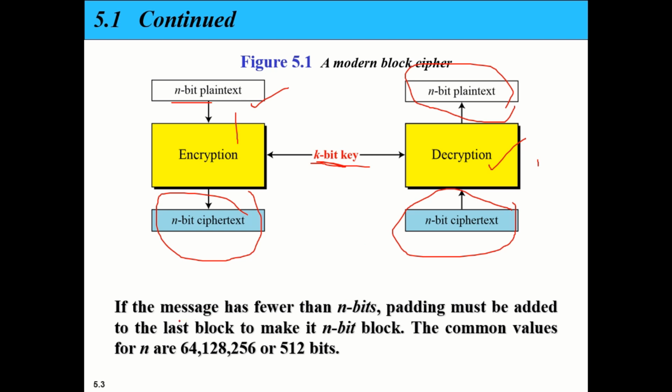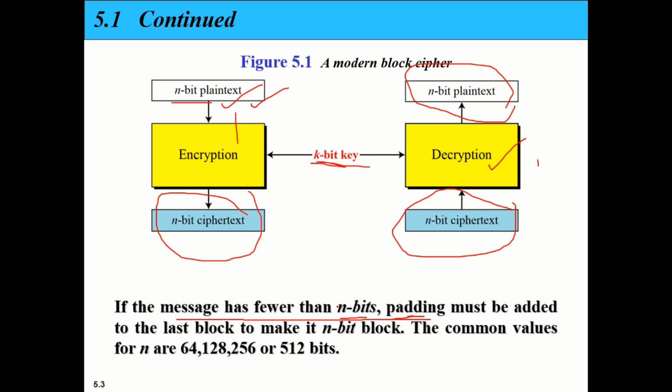Now, if our message has fewer than n bits, okay, here we are discussing these n-bit plain text, if the plain text has fewer than n bits, then we make use of padding. We'll be padding the bits in the last block, because I've already told you that we'll be using blocks for encryption and decryption now.